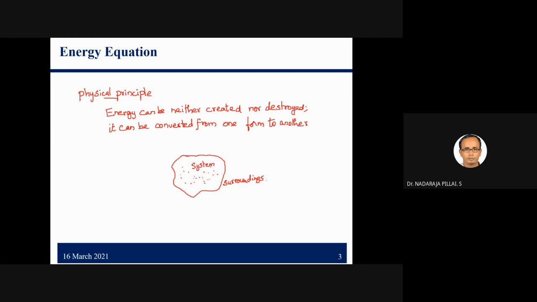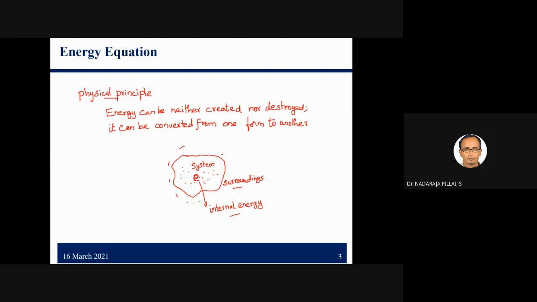We can say that this certain amount of energy is expressed by E, denoted as internal energy, right? Usually we express this E as internal energy per unit mass. Now the region outside the system is called the surroundings, anywhere around the system.